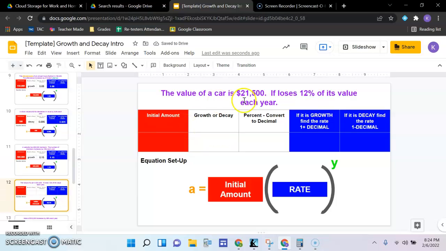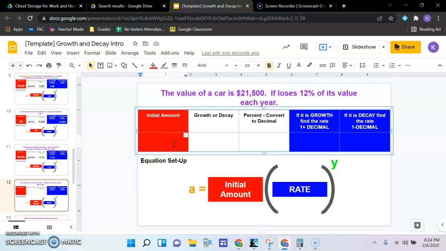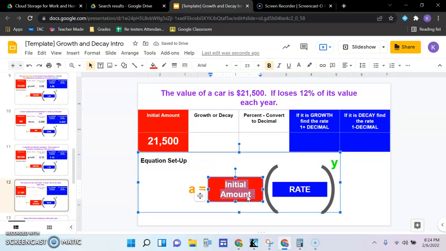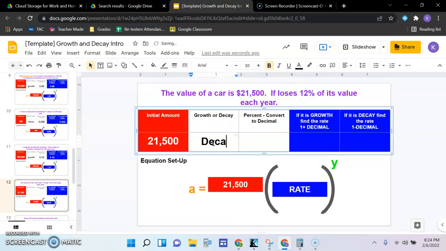One last example. The value of the car is $21,500. So that is our initial amount, and we're going to put it right here as well. Now, is it a growth or decay problem? It's losing value, so it's going to lose money, so it's going to be decay.